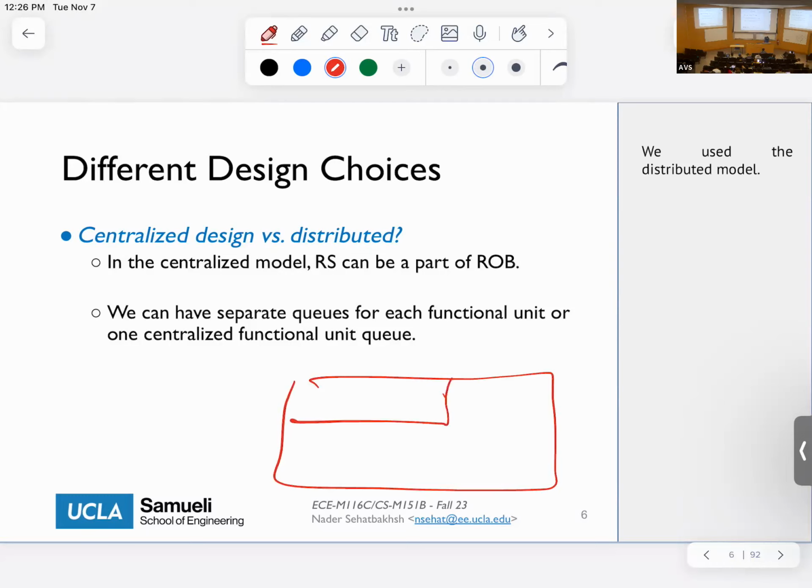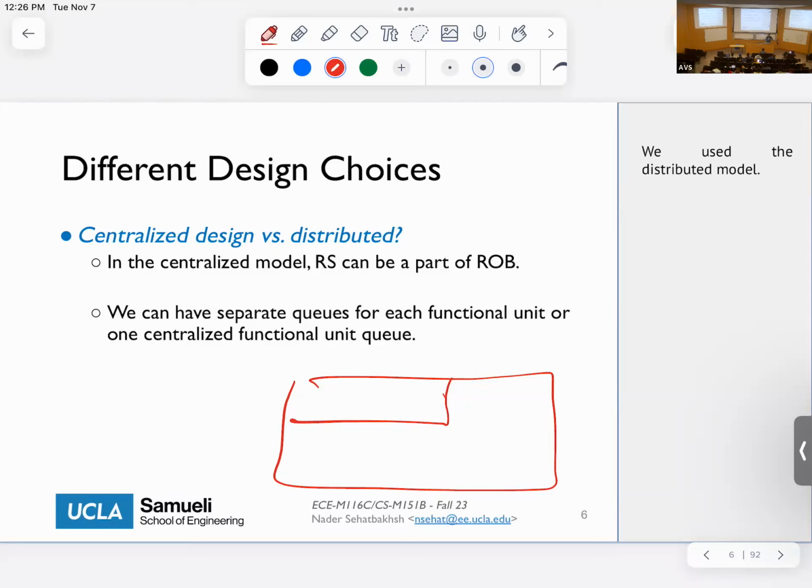The reservation station is essentially part of it. So in that case, you don't need to link the reservation station row with the ROB row. Forwarding becomes significantly easier, and so on and so forth. So many designs are actually using what we call a unified or centralized ROB or reservation station. In the class, we define it as two separate things to make it more understandable. But in many high-end designs, these are actually the same thing. Okay.